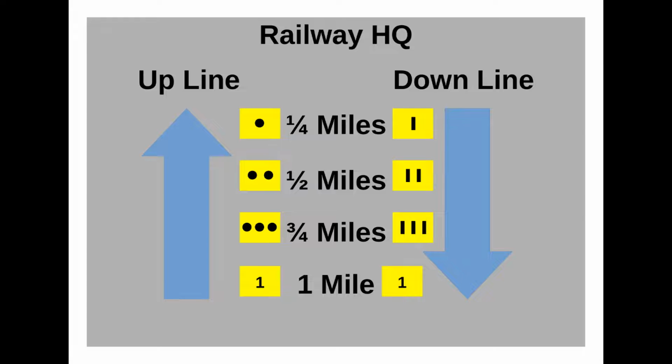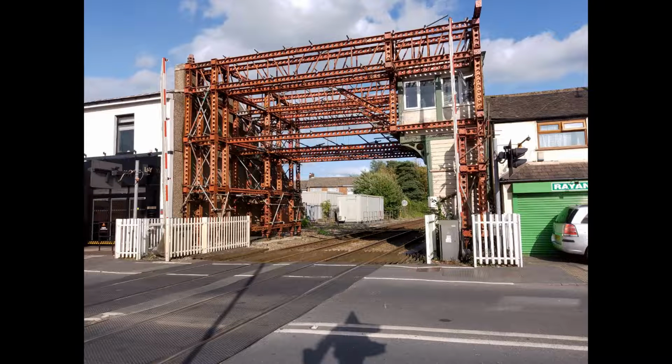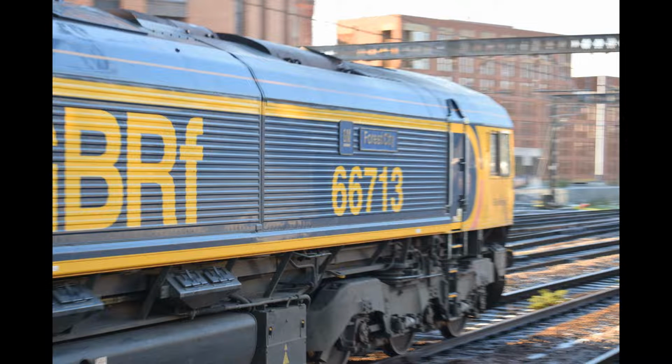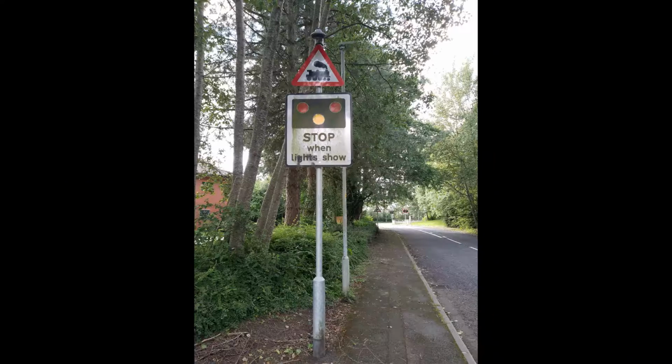We do have bidirectional lines where we can run trains in either direction, but a lot of track we have an up and a down line, so we might have an up fast and an up slow. We could have a down fast and a down slow, and on each one of them the trains are only going to go in a particular direction. So if it's going in the wrong direction, that's where this one comes in.